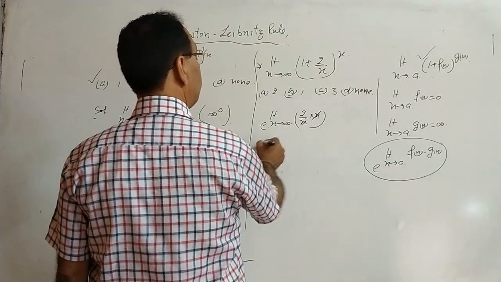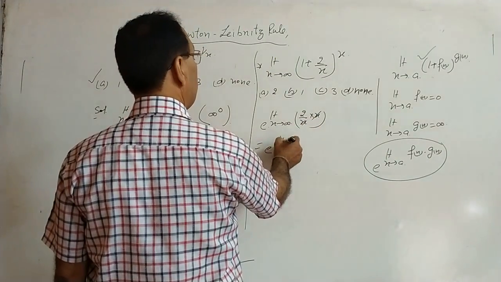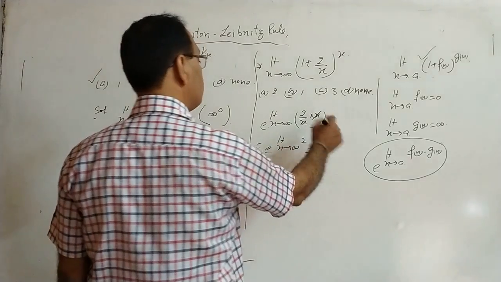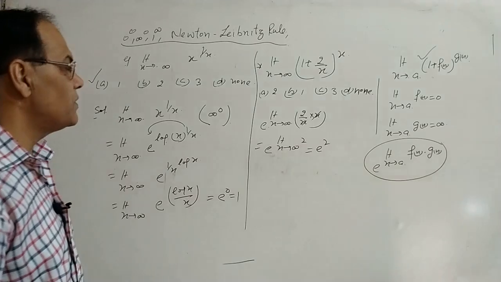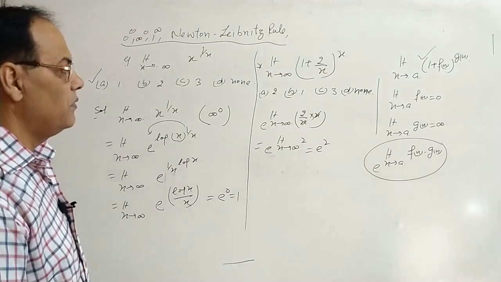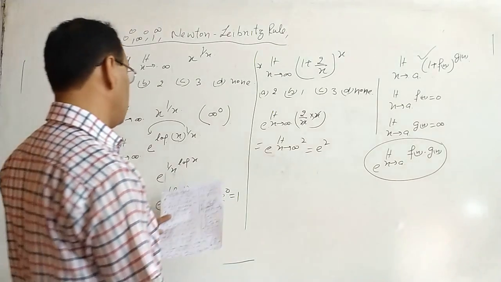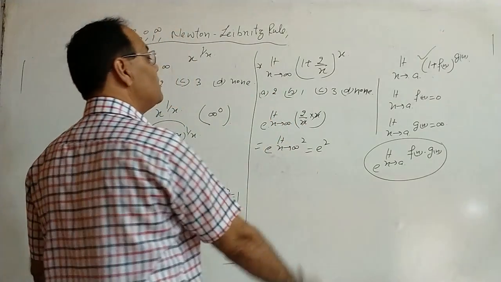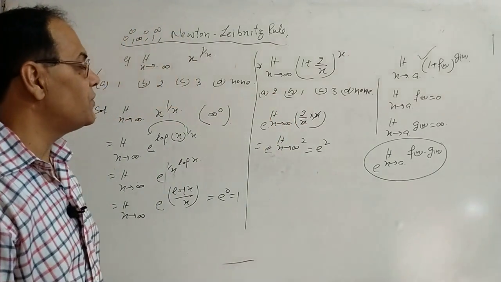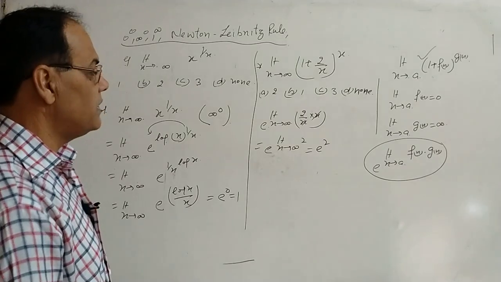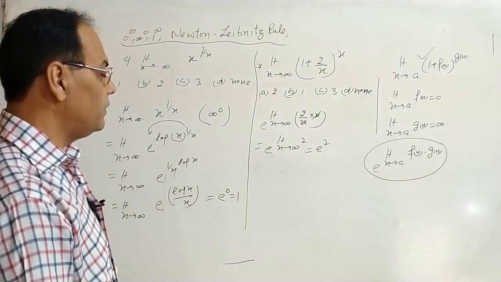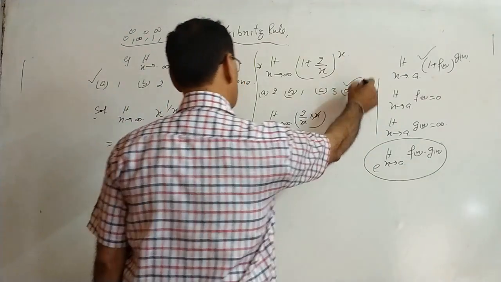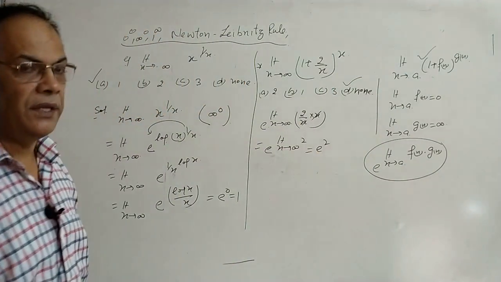Now this x cancels with this x, so e raised to power limit x approaches infinite of 2, naturally it becomes e raised to power 2. Is it clear? Now here the result is e squared, while a is 2, b is 1, c is 3. So naturally you can say none of these three is the correct result. So what should be the option? In this case the option should be D.